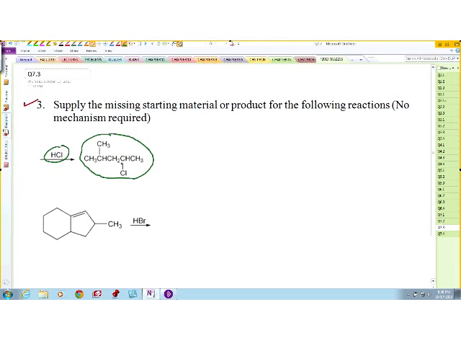So in this case, we see this product here, and of course, this reaction is also a Markovnikov type reaction. The chlorine is here. So how many possibilities do you think we are going to have here in terms of the starting material? 2, right? Exactly. 2 possibilities.